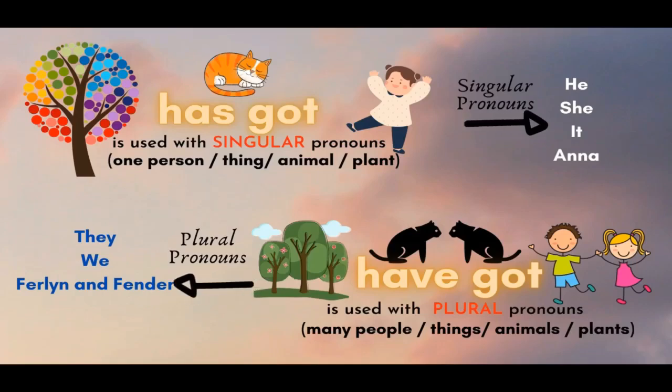Many is more than one. The plural pronouns that we usually use are they, we, or names, Ferlin and Fender, for example.